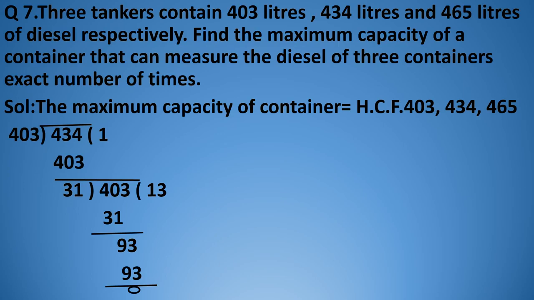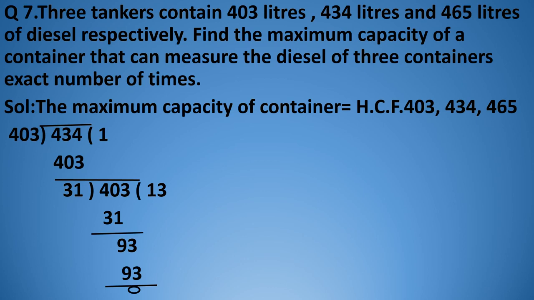So for maximum, what will we find out? HCF. Maximum, highest, greatest, largest: for these we have to find out the HCF. Take any 2 numbers first of all. I have taken here 403 and 434. Find out the HCF of that. You will see that the HCF is 31, the last divisor.